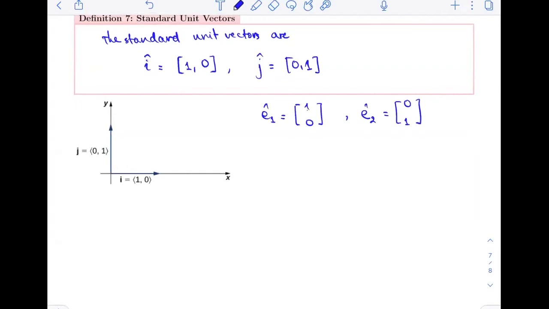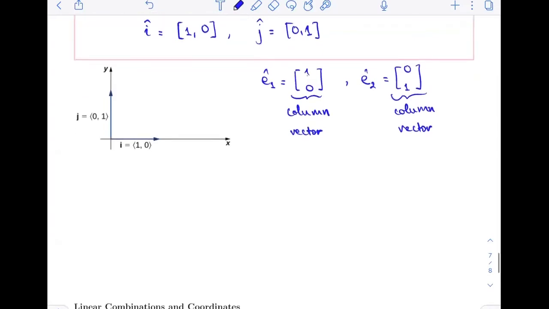Right, so this is the new notation, the way I write it. This is called the column vector. What we have written so far, let's say you have e1 equal to 1, 0, and e2 equal to 0, 1, these are called the row vectors.